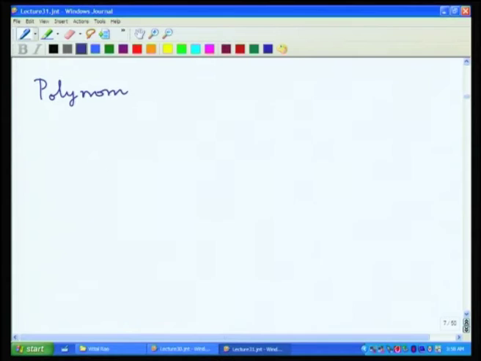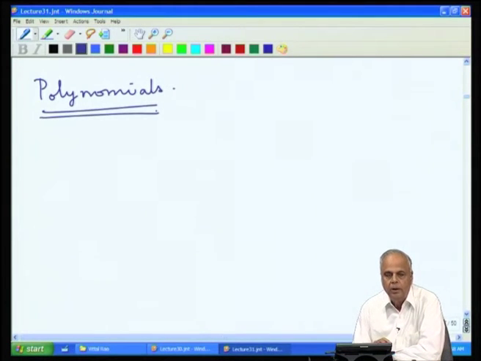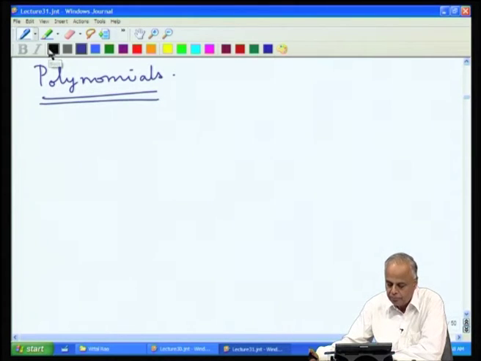We have already seen one polynomial, namely the characteristic polynomial. Analogous to that, there are several other polynomials associated with a matrix. So, we look at some facts about polynomials. These facts are very important in a complete analysis of the structure of matrices and linear transformations in general.